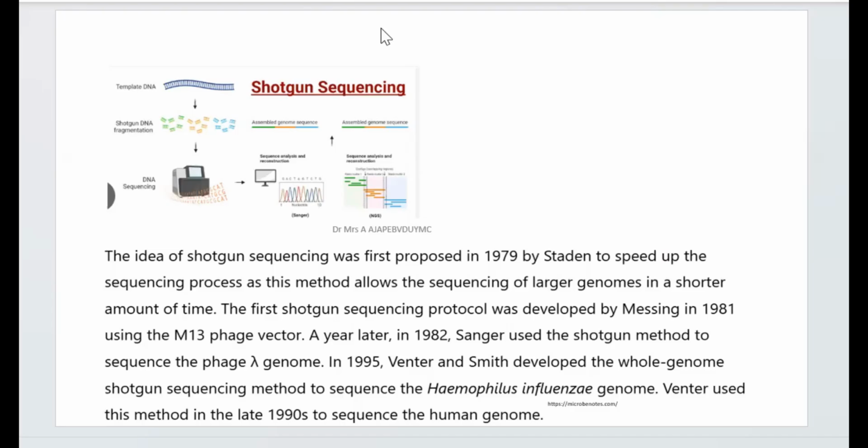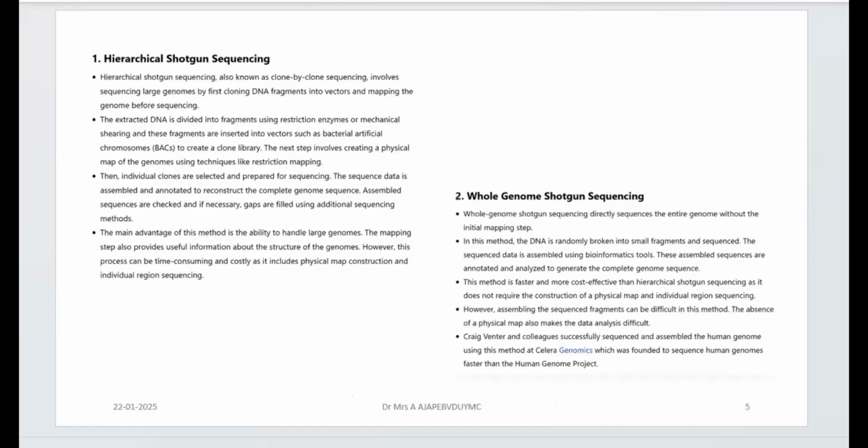So for NGS you have to talk about shotgun sequencing, right? So let's go into the details of it. Now, hierarchical shotgun sequencing and whole genome sequencing, these are the two types of it. When I say hierarchical shotgun sequencing, the same terminology you can apply for it is clone by clone sequencing.